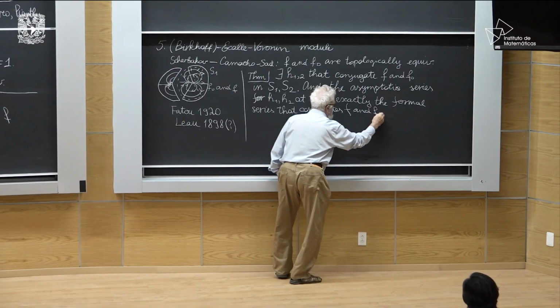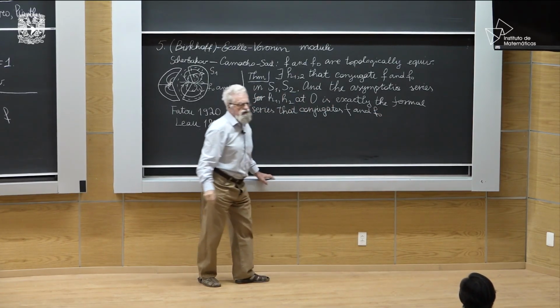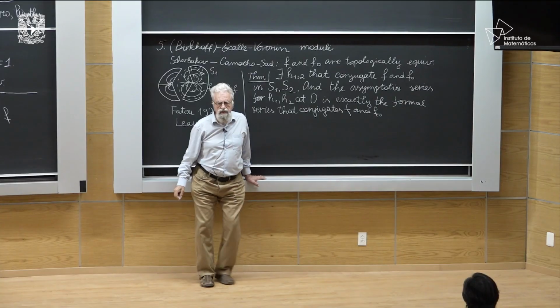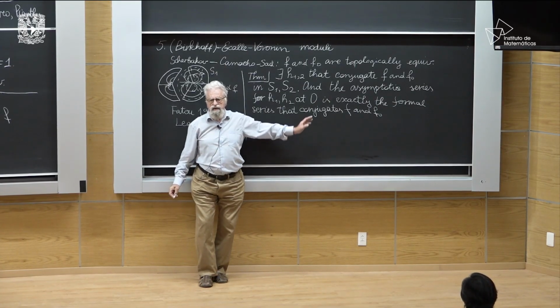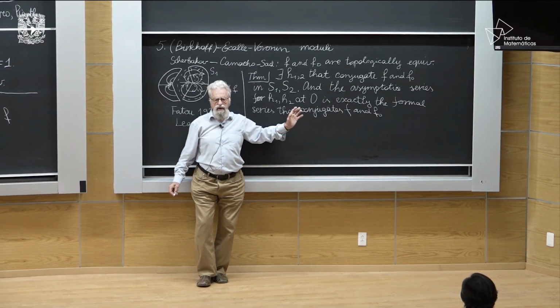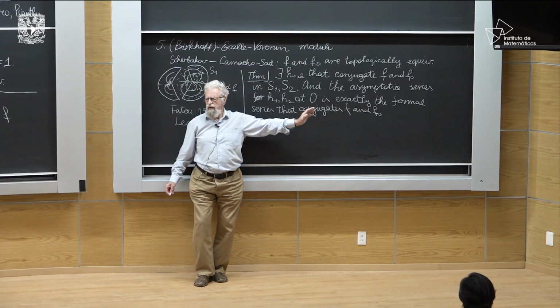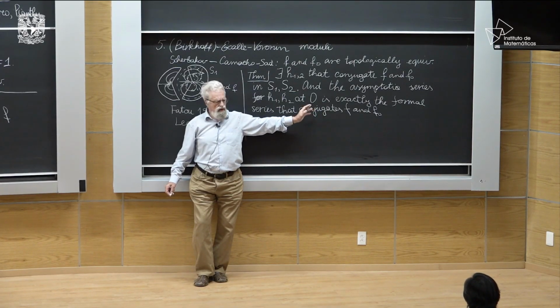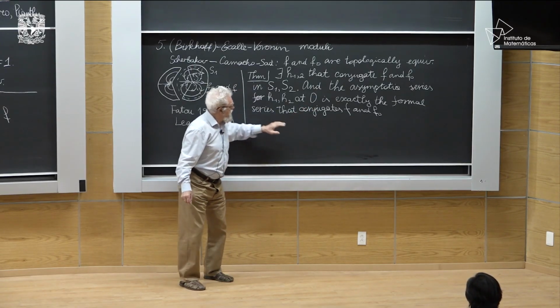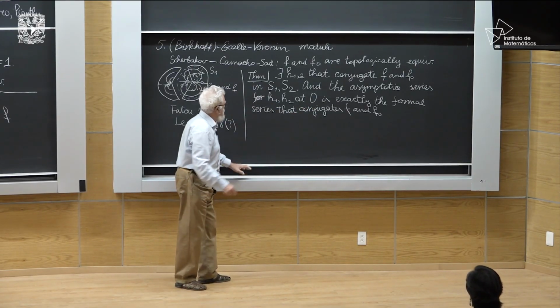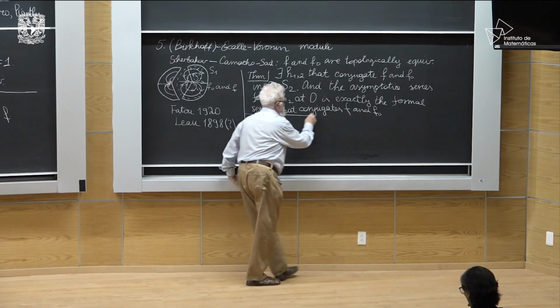So there is no analytic function for which this divergent series is a Taylor series. But there are two functions for which it is asymptotic, and for which it is asymptotic to actual analytic maps.